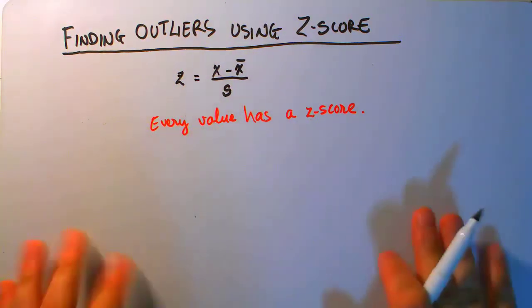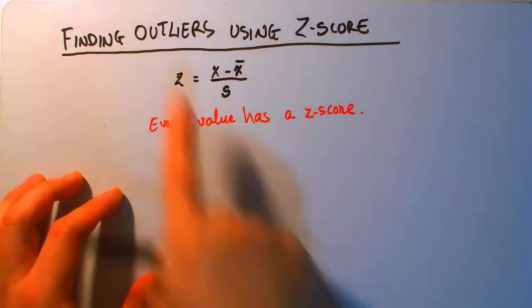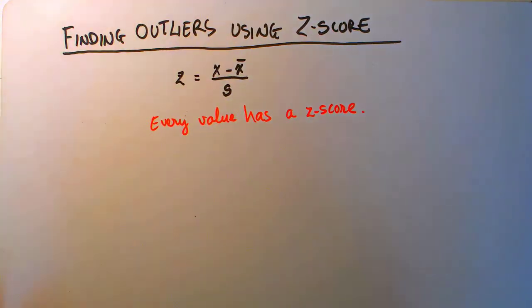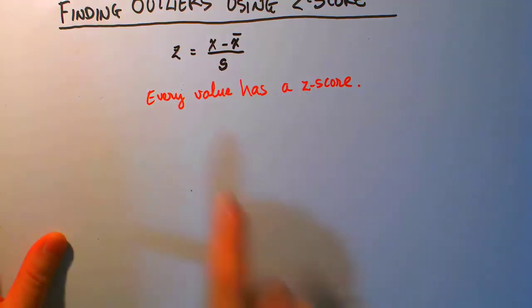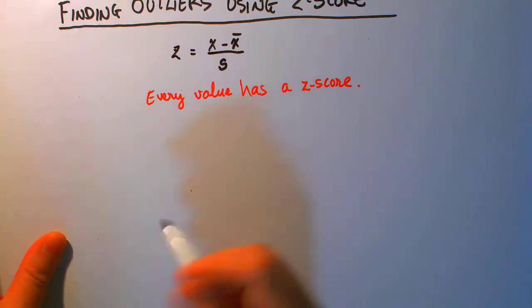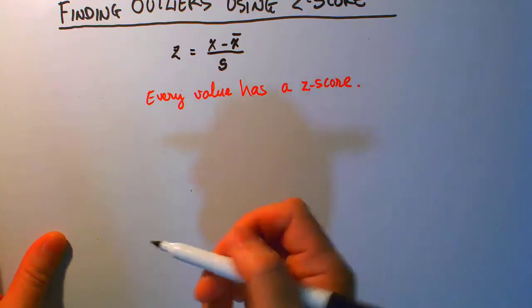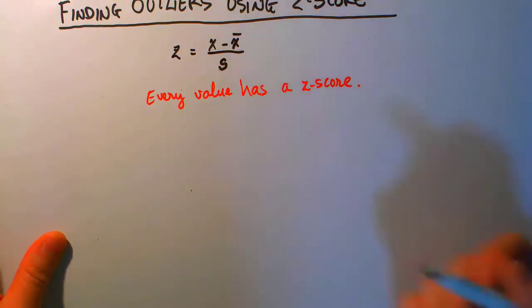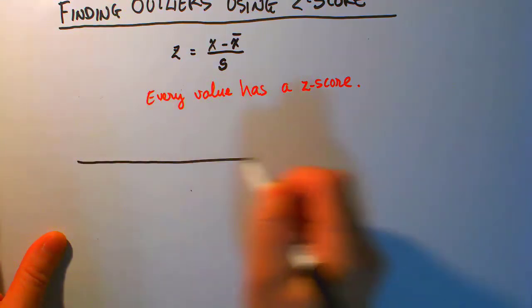now I'm going to show you how to use a z-score as an alternative method to find outliers in your data. Once everybody agrees that every value in the data has a z-score, and we have seen throughout our examples that a z-score can be negative or positive depending on whether the data value is above or below the mean, in this method we're going to rely on a scale.